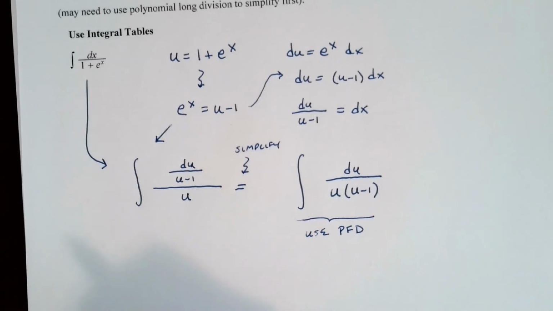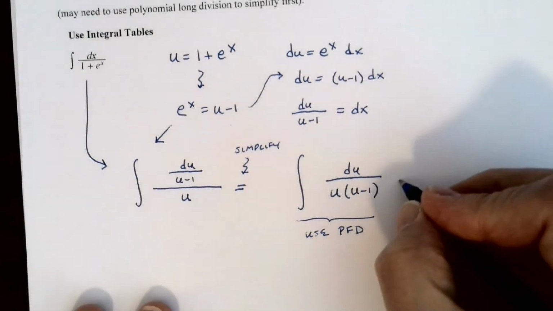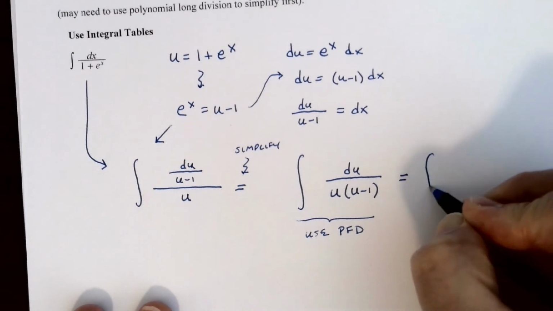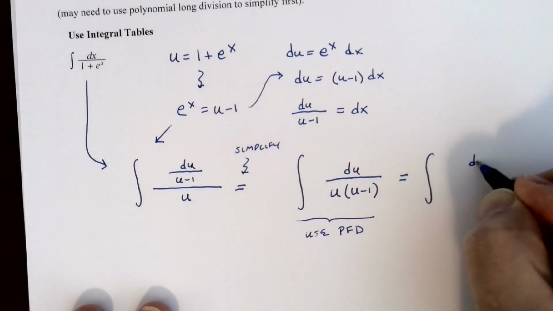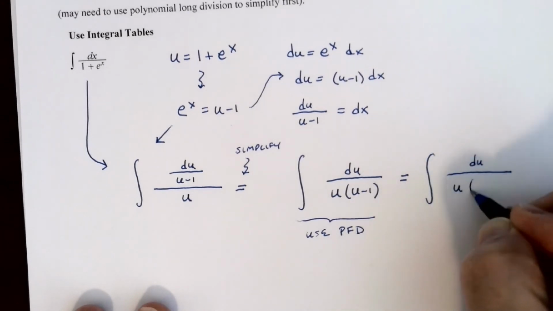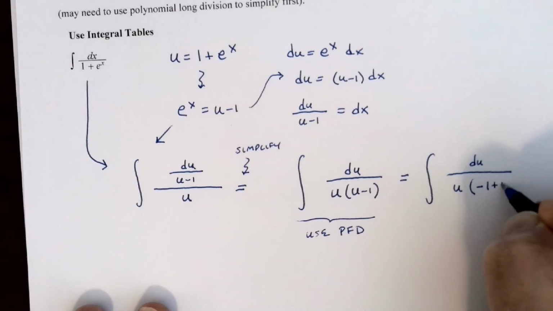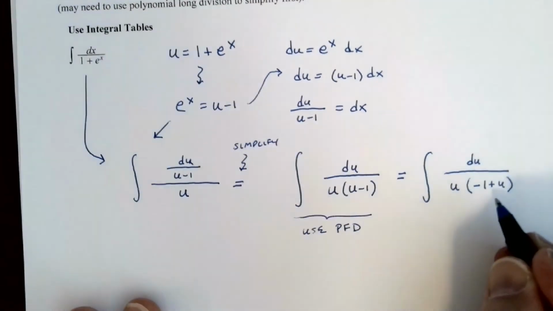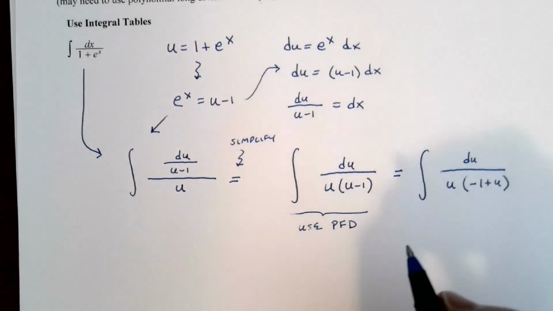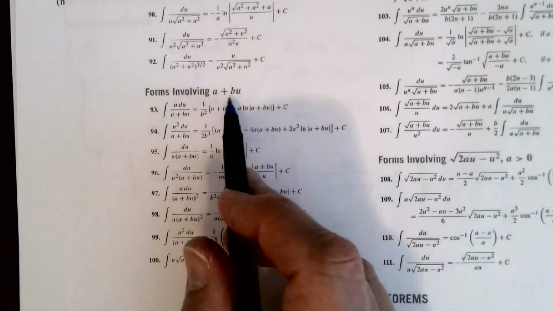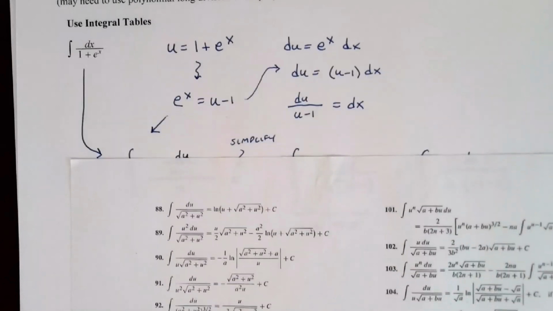But I'm actually going to use the integral tables this time, and to do that I'm going to make a slight adjustment to what this looks like. I'm going to write this as u times negative 1 plus u. Is that the same as u minus 1? Yeah. So you could use partial fraction decomposition, but if you look in the table, look at these a plus bu forms, and that's really what we have.